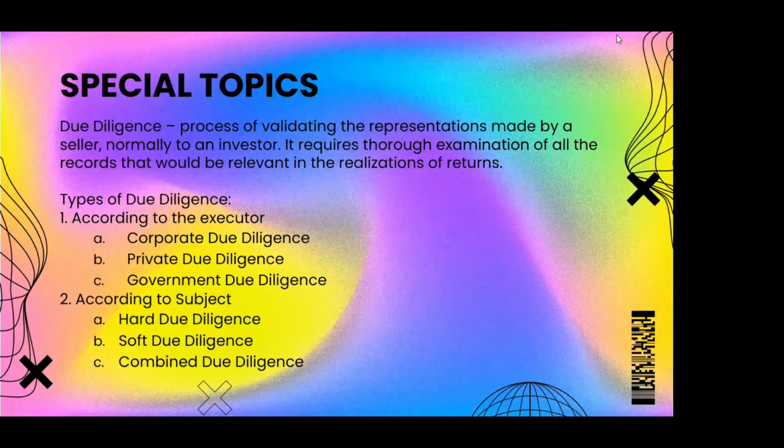Next we have government due diligence. This is the due diligence commissioned or conducted by the government. Most of the time, this type of due diligence is for the protection of the public or for evaluation of the operations of the company in the public interest. We can say that probably what happened with ABS-CBN is the government exercising its due diligence.